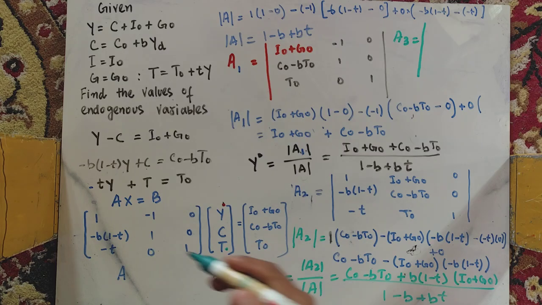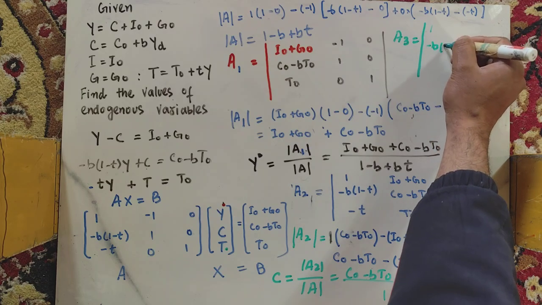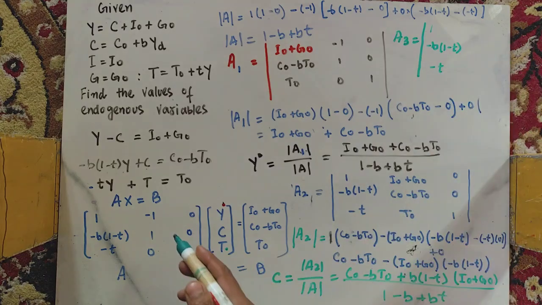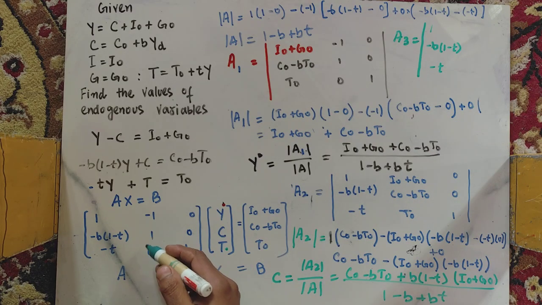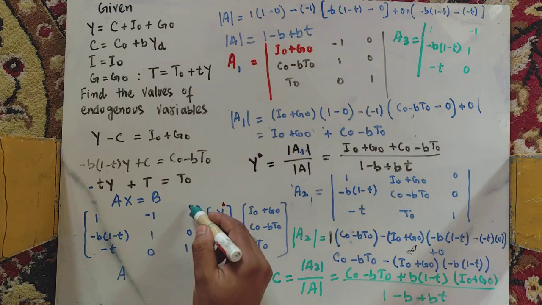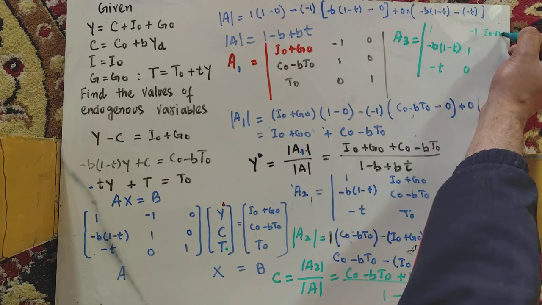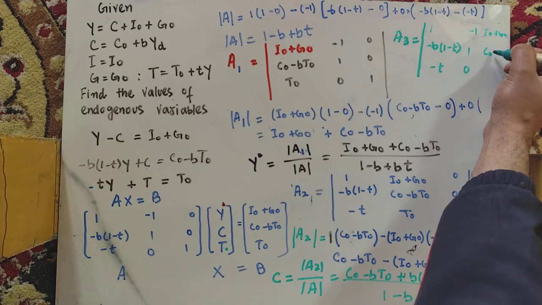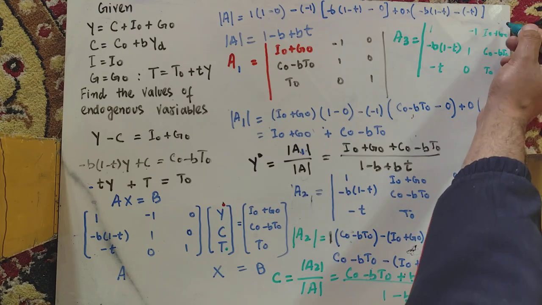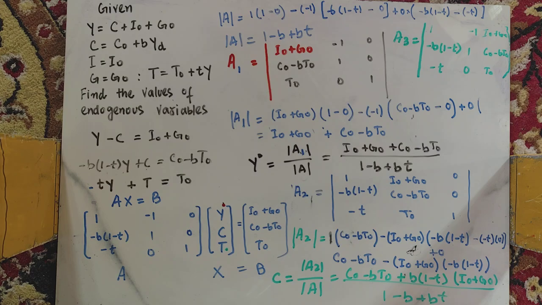So our new matrix will be that we have 1, then we have minus b, 1 minus t, then we have negative t, then we have negative 1, 1 and 0, negative 1, 1 and 0. Then we replace this with this. We have I naught plus g naught, I naught plus g naught, then we have c naught minus b t naught, then t naught. Okay, we form the new matrix A3.